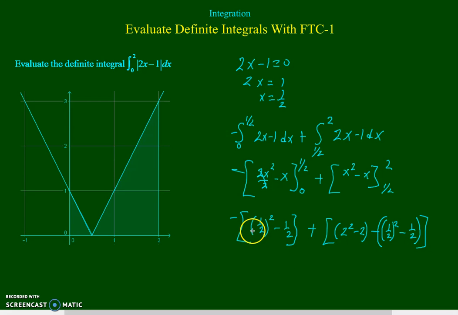And let's continue this evaluation. So 1/2 squared is 1/4, minus 1/2 is negative 1/4. Negative 1/4 times negative 1 is 1/4.